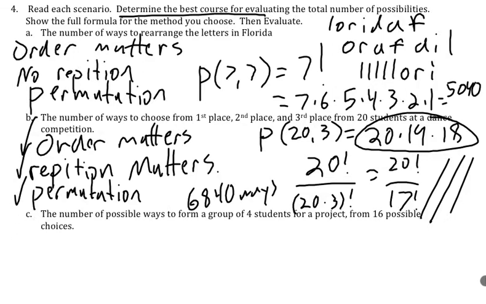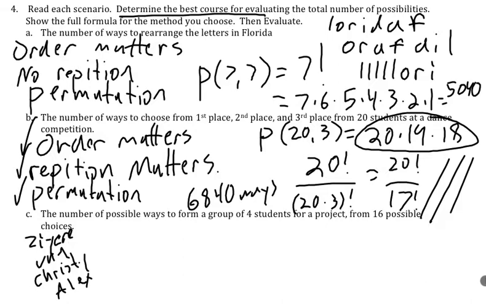So C, the number of possible ways to form a group of 4 students for a project from 16 possible choices. So does order matter? Well, let's use our friends again. If I use Zaire, Una, Christy, and then we need one more, so let's go with Alex.